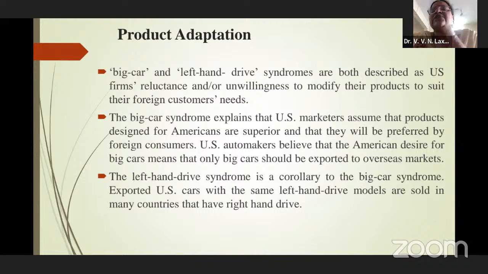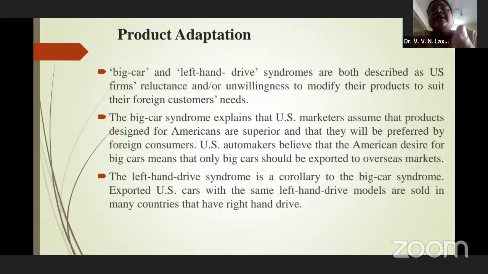It is believed that most of the US marketers, actually in black and white, the big car syndrome means US marketers basically were making very big cars to suit their local market in US.